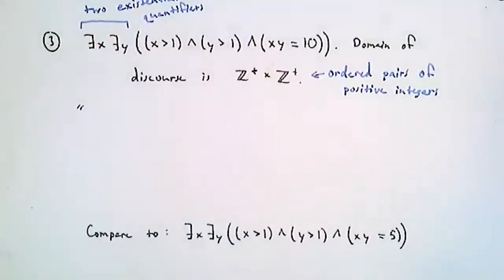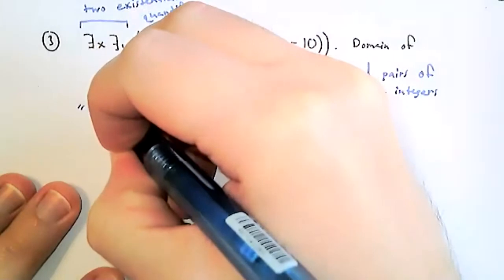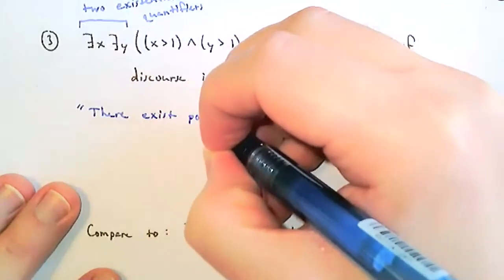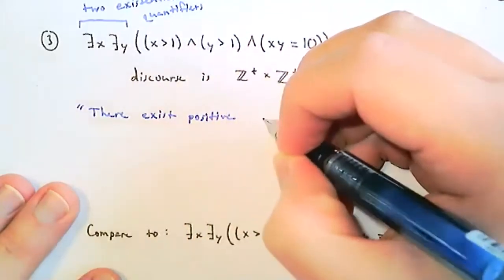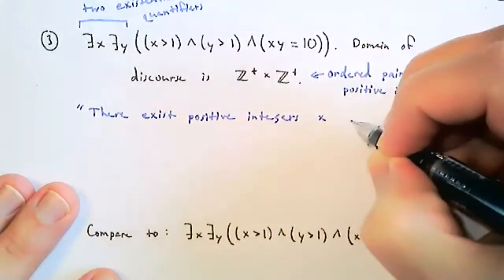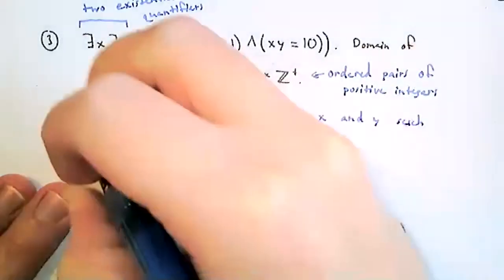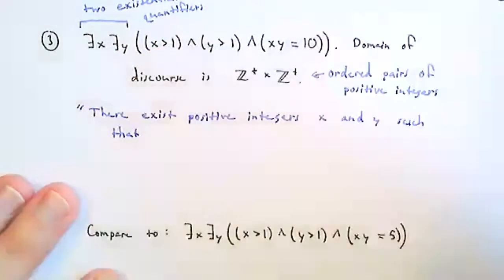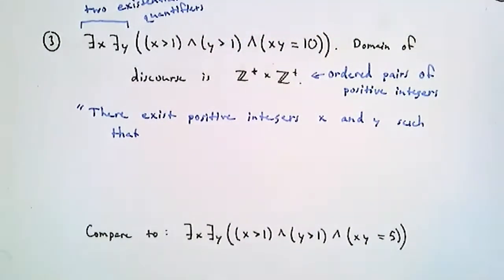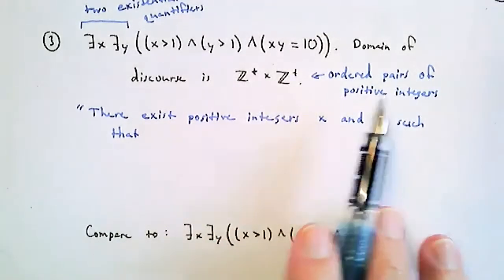So we have two existentials. There exist positive integers x and y such that, and now we have to write down the rest. Is that where you get p of x comma y from? The ordered pairs, yes.